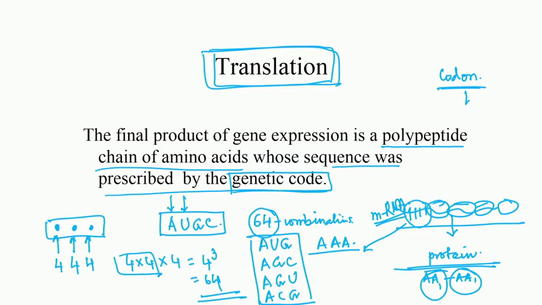Codon is the 3-base sequence that codes for a particular amino acid. That is what is called a codon.